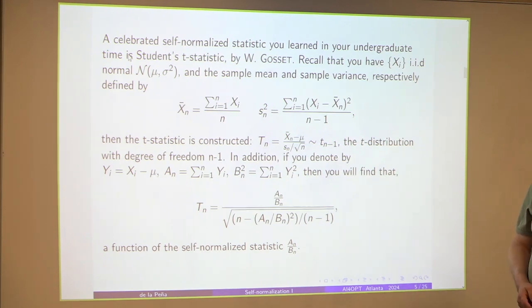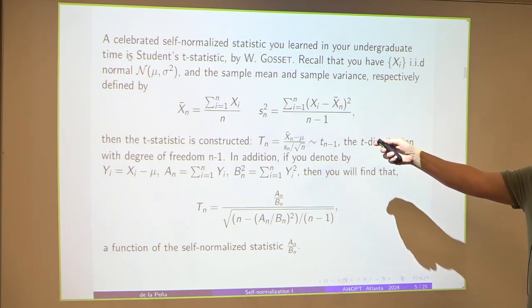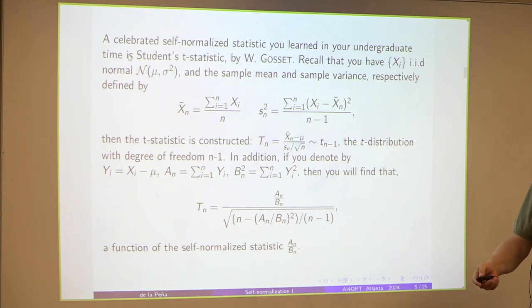So in recent times, using self-normalization, which is basically related to the t-statistic, people have been able to obtain optimal algorithms, which is not possible if you need to assume parameters. Because if you have a misspecification of the parameter, then you get the wrong algorithm. Okay, so that's the motivation behind self-normalization.